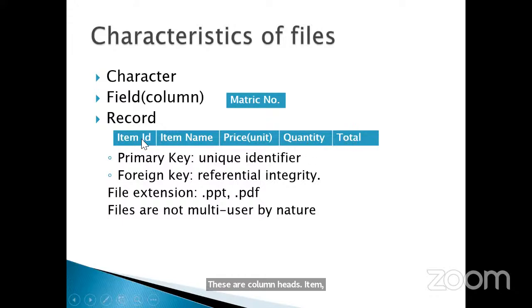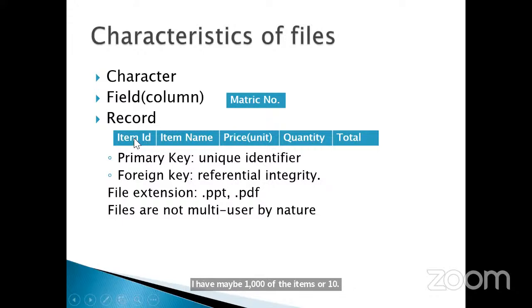The records underneath, for example, I can have item 1, item name Omo, price 50 naira, quantity 3, total 150. I can have maybe 1,000 of the items or 10.